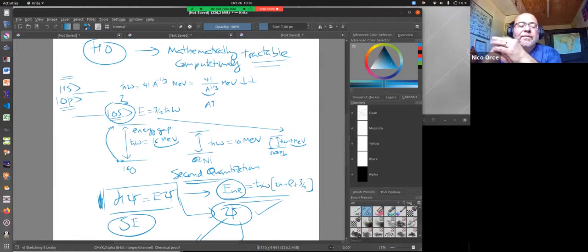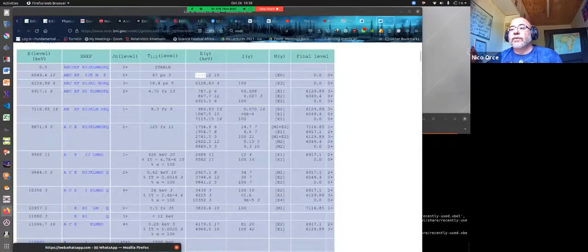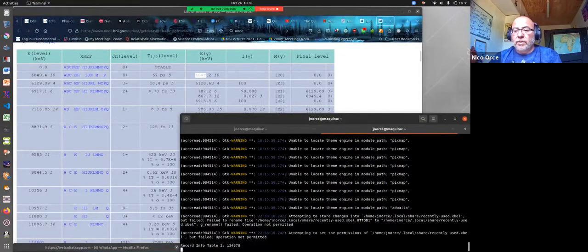Is this what we are expecting, as we saw for the rotor, and for instance for nickel 60 or nickel 62, which we haven't observed here, but I can show you quickly.